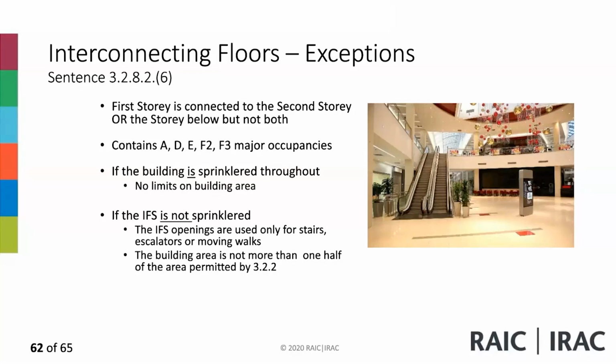So you can connect the first story with the story above it, or the story below it, but not both. And this is applicable only for the first story and its connection to the floors above or below. It is sprinklered throughout. So this is talking about the interconnected floor space being sprinklered throughout. Remember, it doesn't say the building. It's talking about the interconnected floor space area.